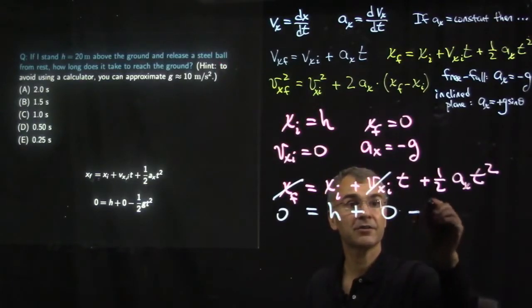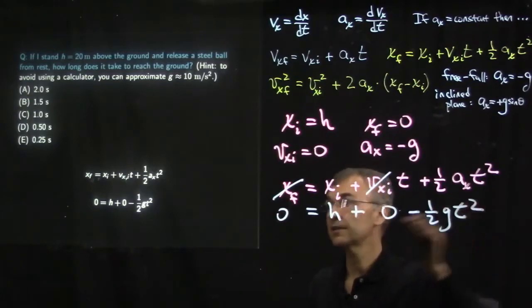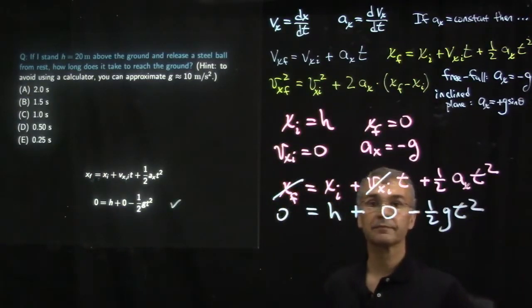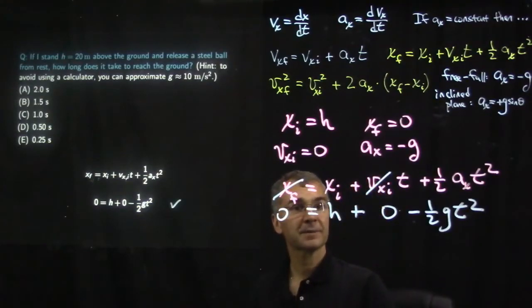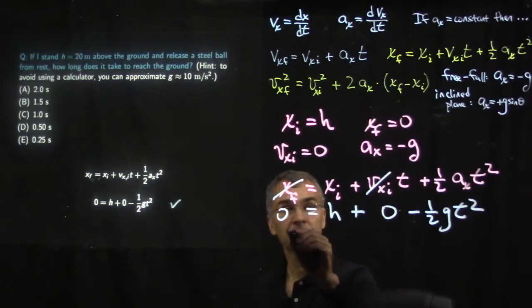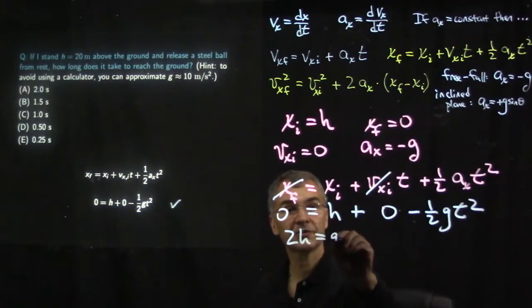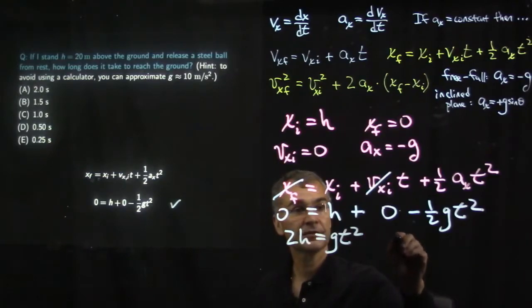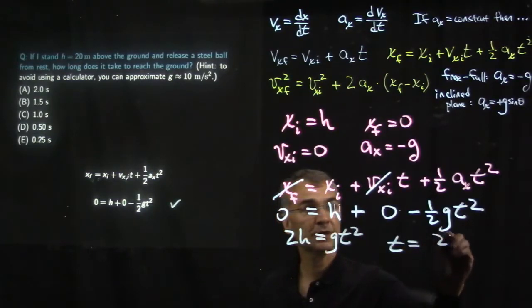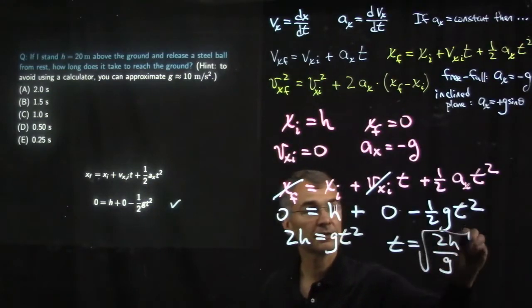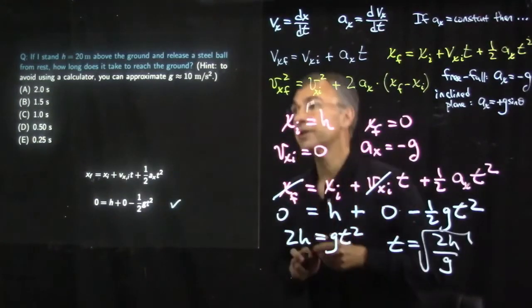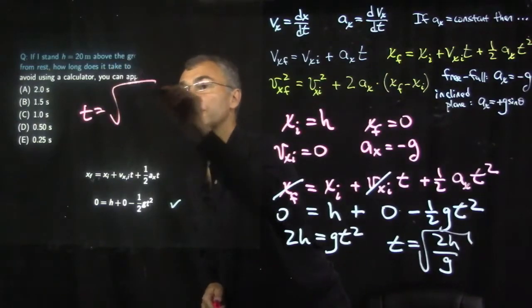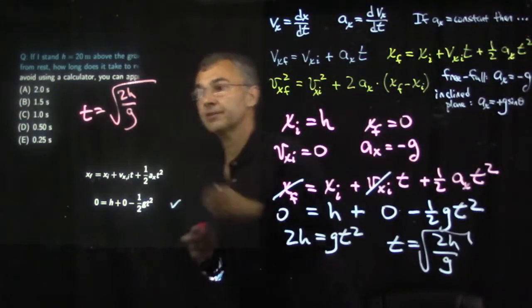So this is minus 1/2 g t squared. So I guess we have only two terms left. So this tells us that 2h equals g t squared. So t is the square root of 2h over g.